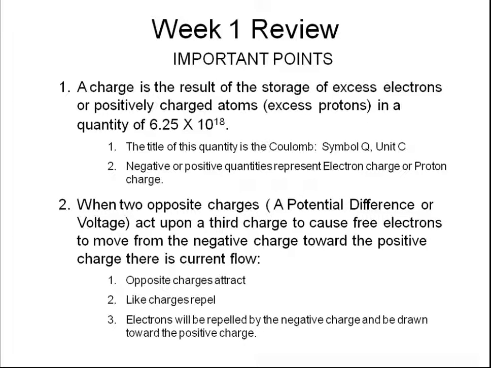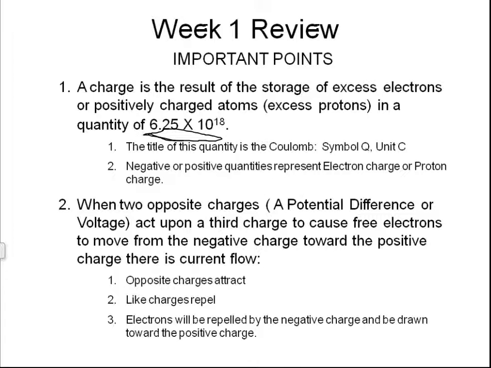So when we start talking about a charge, let me get my pen working for me here, there we go. Whether it's a negatively charged or excess electron charge or a positively charged ion charge, they are going to have the same quantity of either electrons or protons.